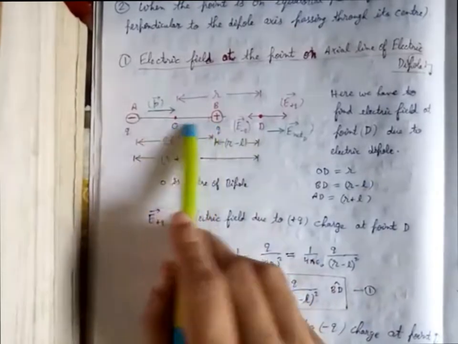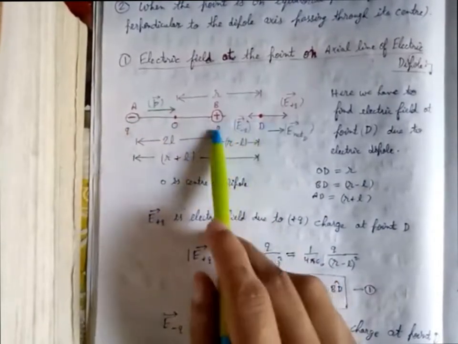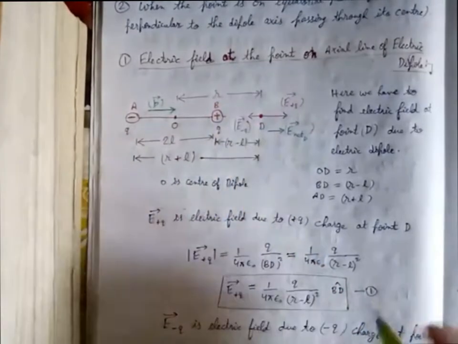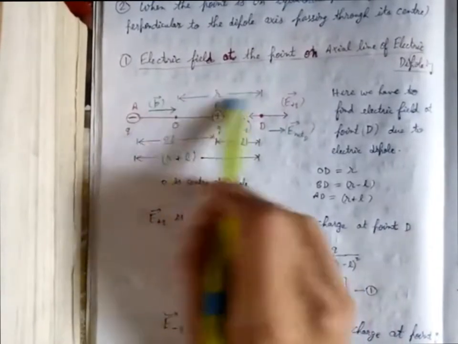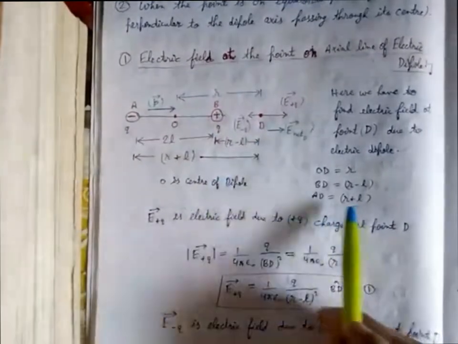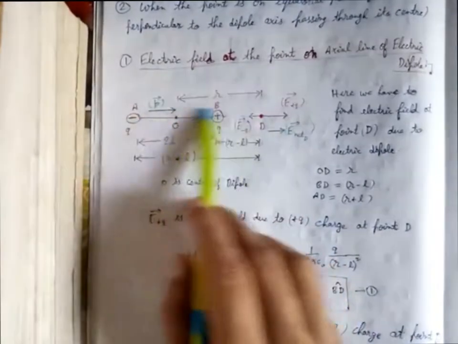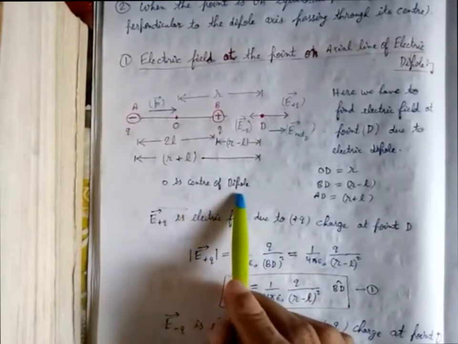Because OB distance is L, and AO distance is also L, BD distance will be r minus L. And in the same way, AD distance will be r plus L. So O is the center of the dipole.